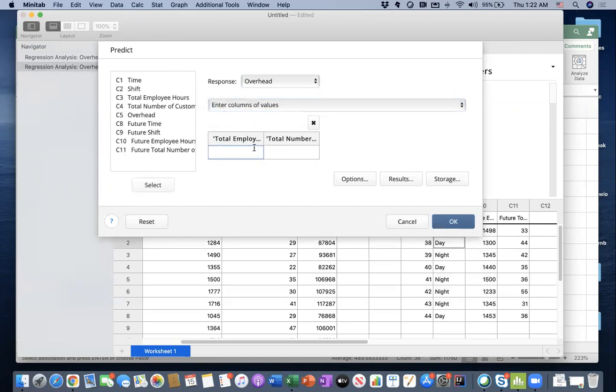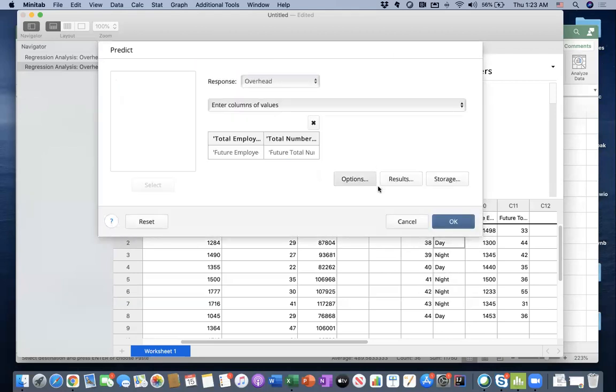And my total employee hours is going to be stored in the future employee hours, okay? And my total number of customers is also going to be in future total number of customers.